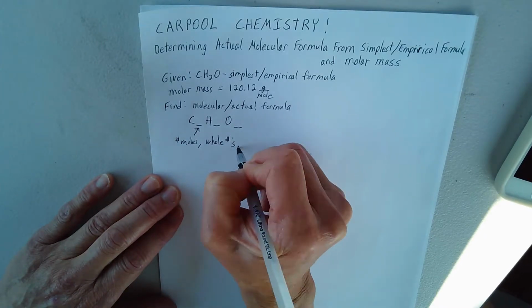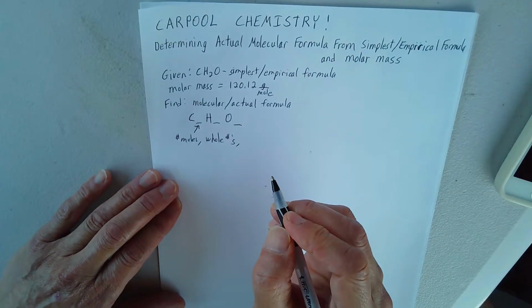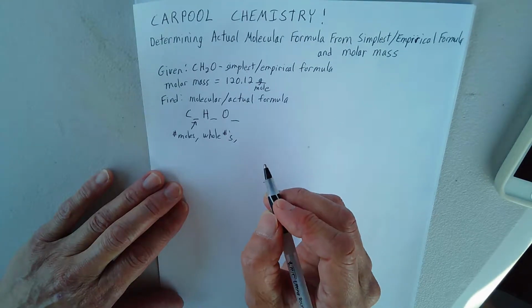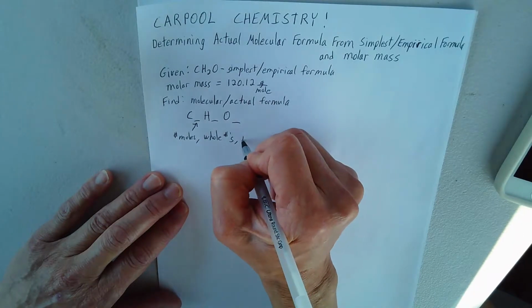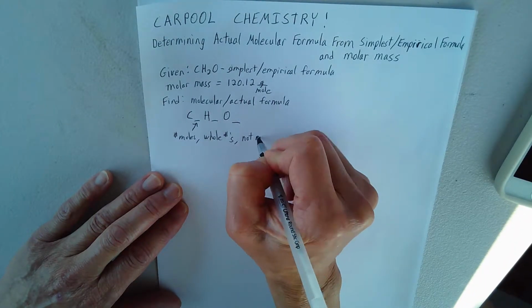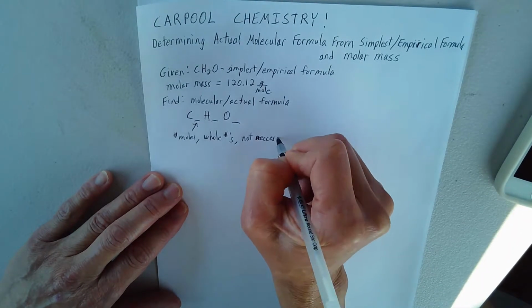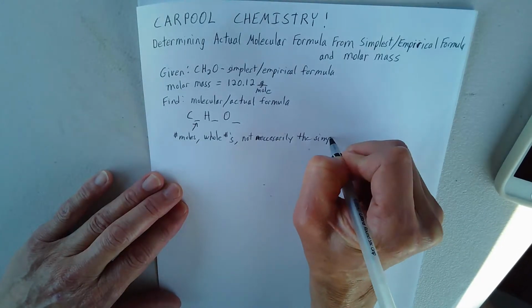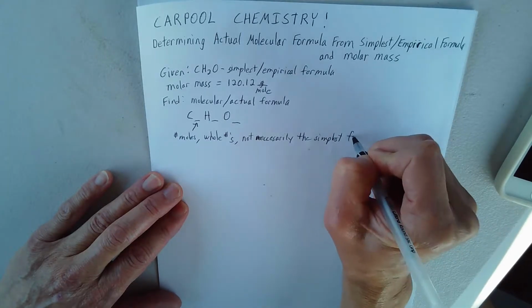But in this case, unlike when we calculated the simplest or empirical formula, they do not need to be the simplest whole number ratio, so not necessarily the simplest form.